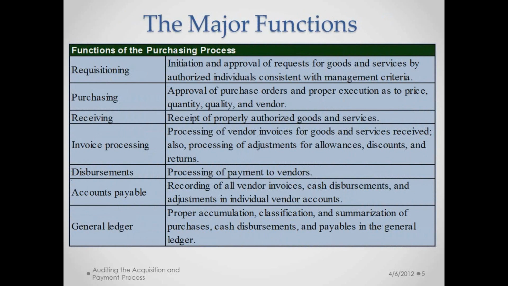Functions of the purchasing process I went through. I talked about the requisitioning, which is the initiation and approval of requests for goods. The purchasing department issues and approves the purchase orders and ensures that there's proper price in accordance with the company's guidelines, the quantity, the quality of the goods, the vendor.